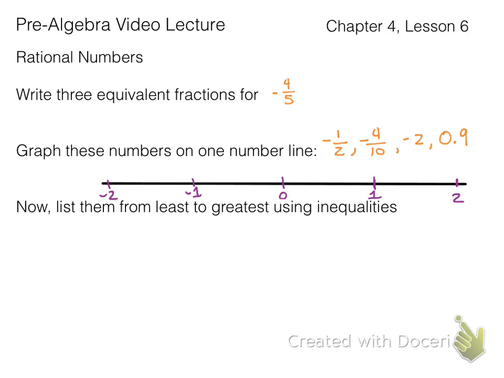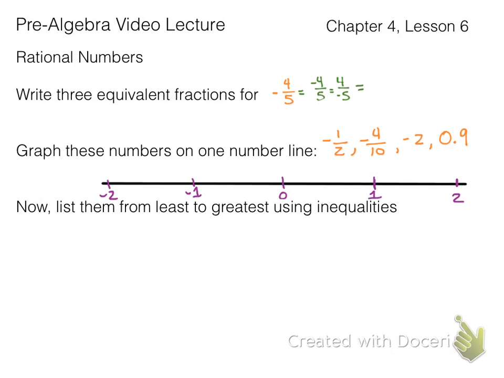All right, so let's go ahead and write 3 equivalent fractions for negative 4/5. Well, you could use the trick that I used earlier, which is just putting the negative in a different spot. That's equivalent, and that's equivalent. But let's go ahead and do it where we've got some other stuff as well. I can multiply 4 and 5 by the same number and get an equivalent fraction.